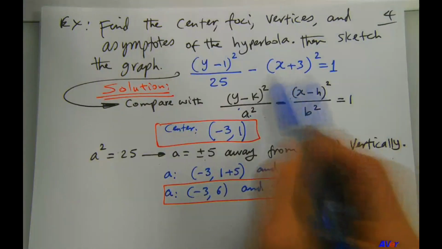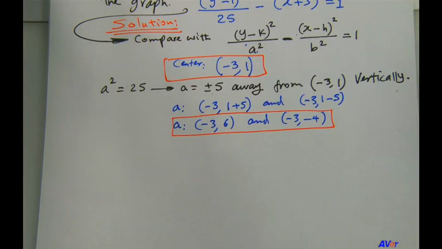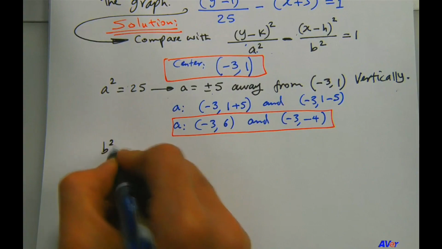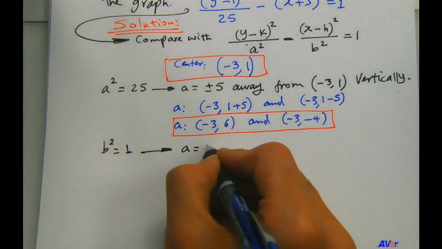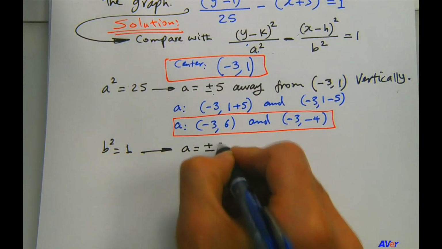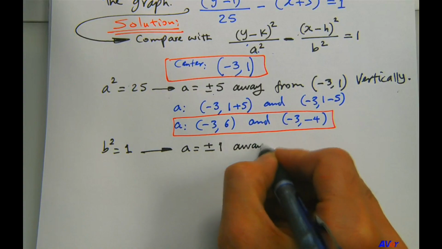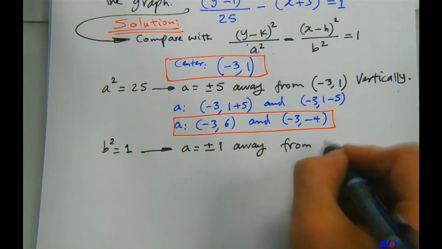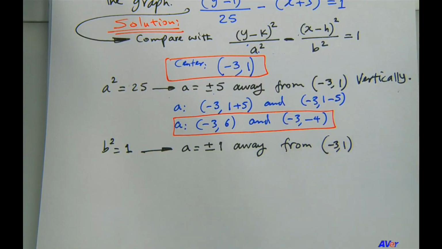Okay, so let's find b. In this case, when you compare, b squared is equal to 1, which means b is equal to plus or minus 1. And this is away from the center, minus 3 comma 1, vertically or horizontally? Well, it has to be horizontal, right?